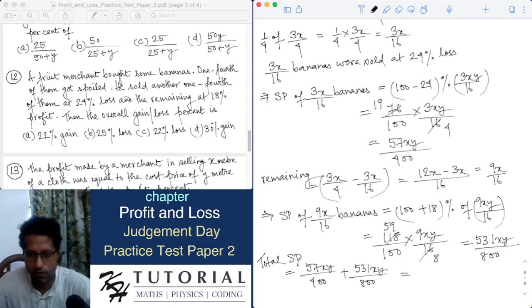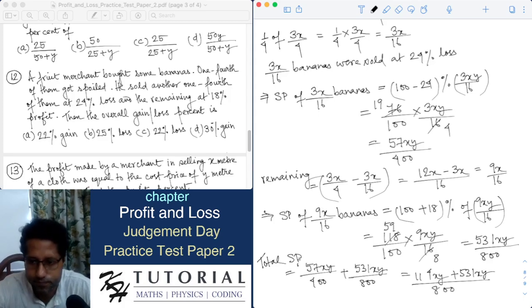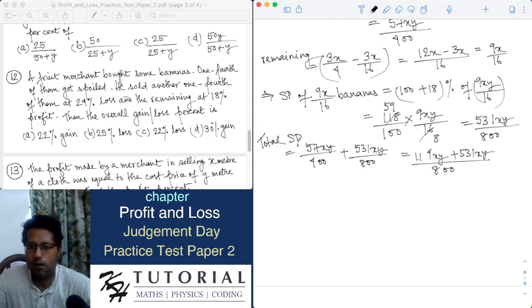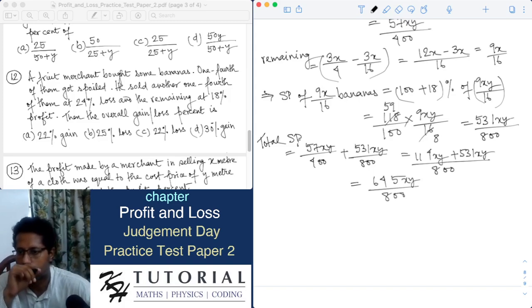If we simplify it further, we get 114xy plus 531xy divided by 800. This equals 645xy by 800. So this is the total selling price.